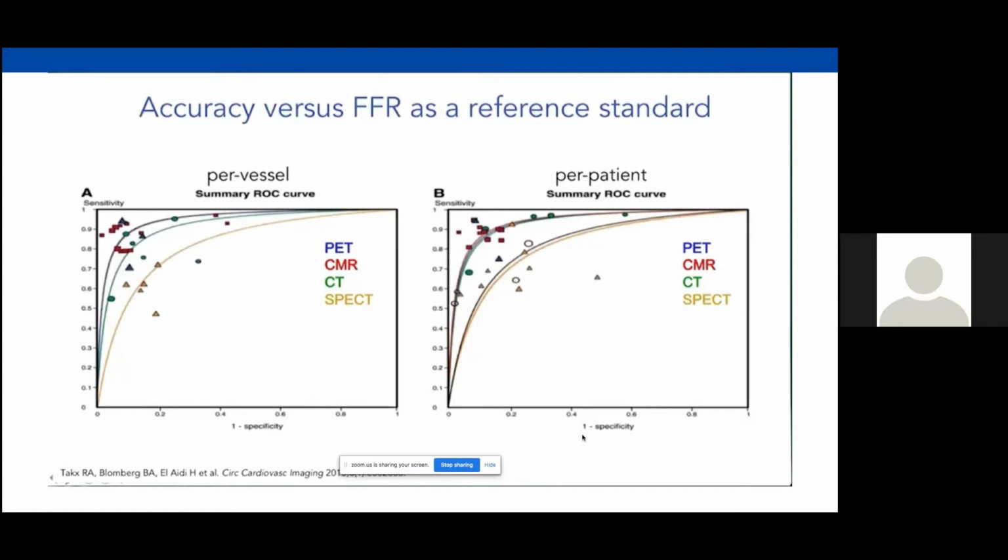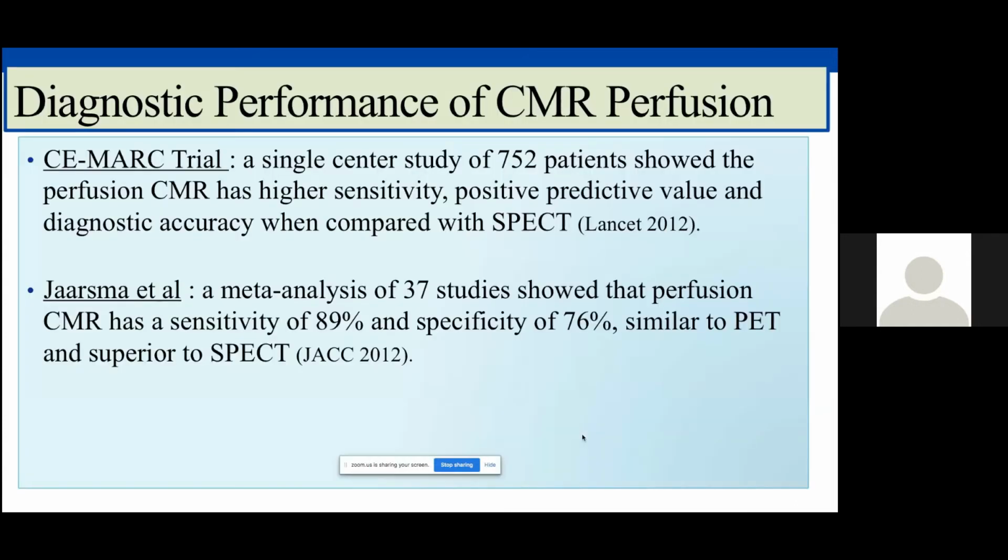In this study, we learned that MR has diagnostic accuracy as good as PET and superior when compared to CT and SPECT. The CE-MARC trial is one of the early landmark trials that showed how perfusion MR has better sensitivity and better positive predictive value when compared to SPECT.